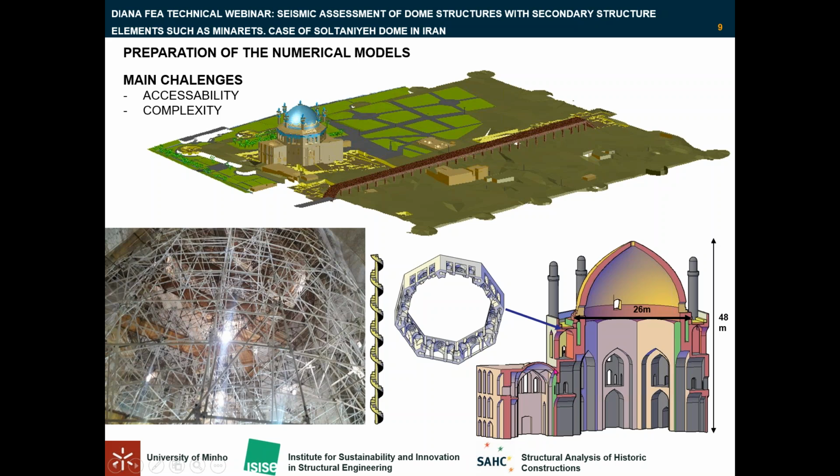All these made the modeling process very time-consuming and challenging. Any small inconsistencies in the 3D model could cause severe problems in the finite element model. So we had to be more accurate, and we made several trials to reach the final 3D model.